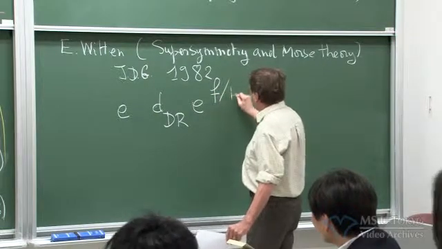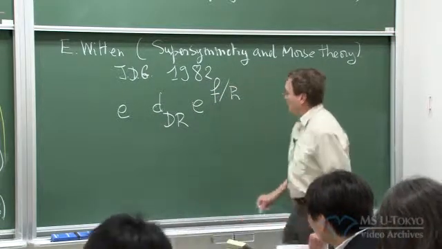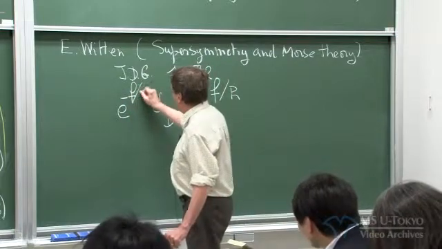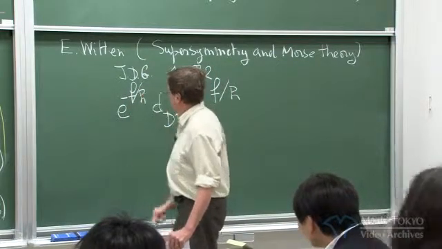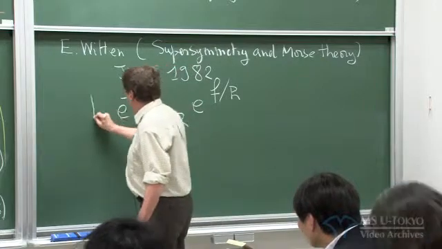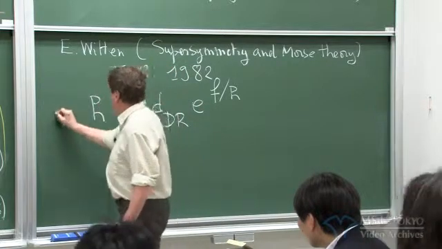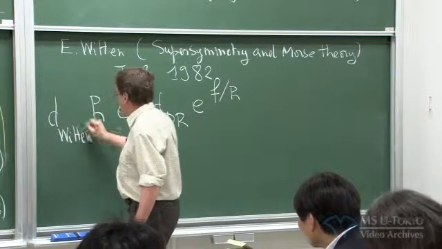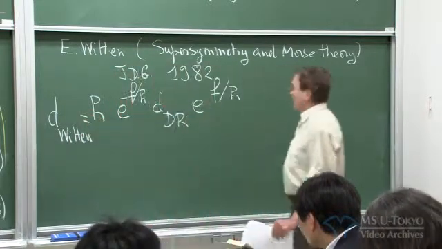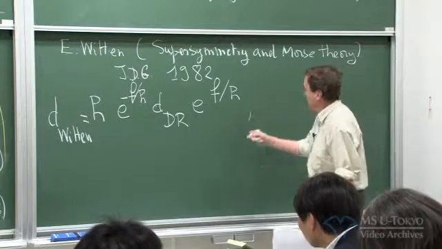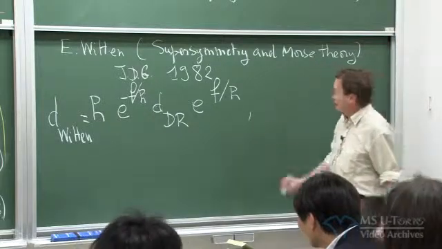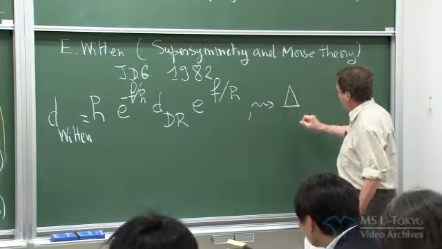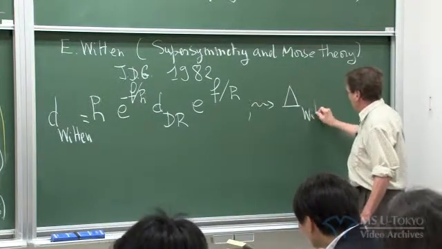Here you put f over h, and here it is minus f over h, and in front you have h. And that is the differential of Witten. And you add a Riemannian metric, and you get the Witten Laplacian.